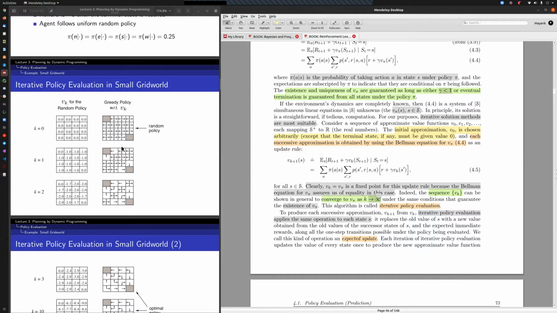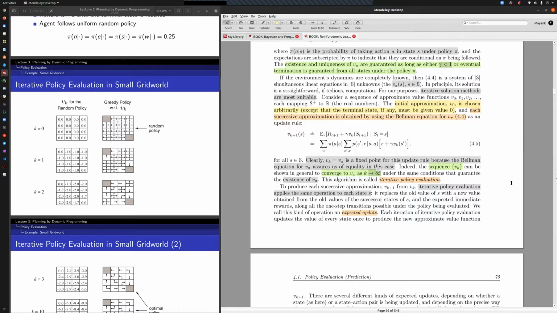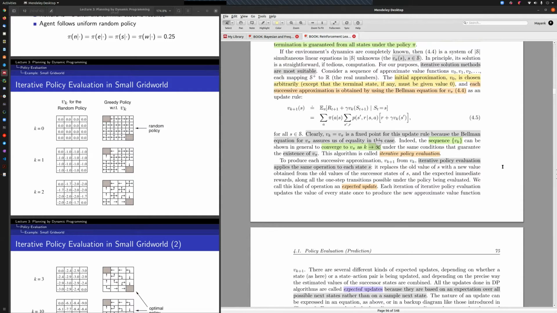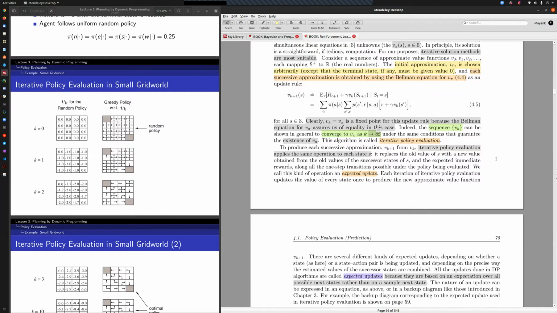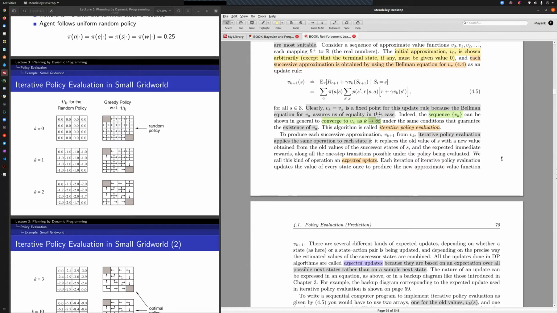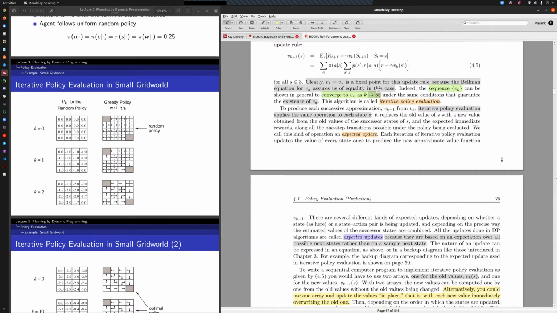What were the iterative policy evaluation steps that they followed? Then we look at the successive approximations, and this.